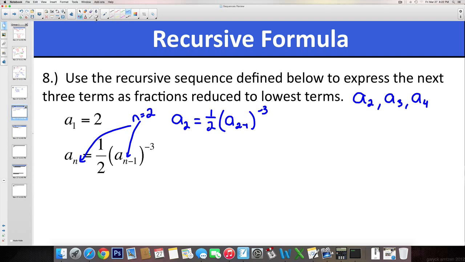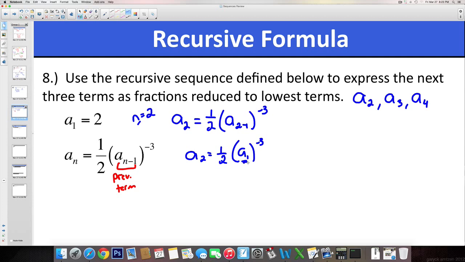Hopefully you remember in class what a sub n minus 1 means. This really means previous term. So if we analyze this rule, we're raising the previous term to the negative third power and then multiplying it by a half. If we simplify this down a little further, we have a half times a sub 1 to the negative third power.